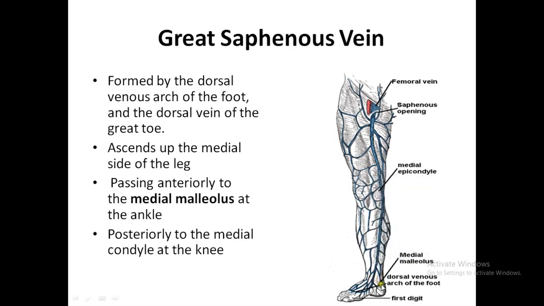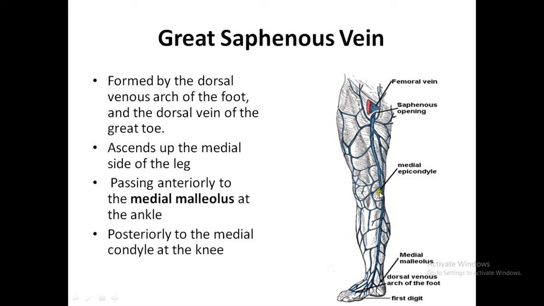This is the medial malleolus, and the great saphenous vein is running anterior to it. Then it runs medially, posterior to the medial condyle of the knee.